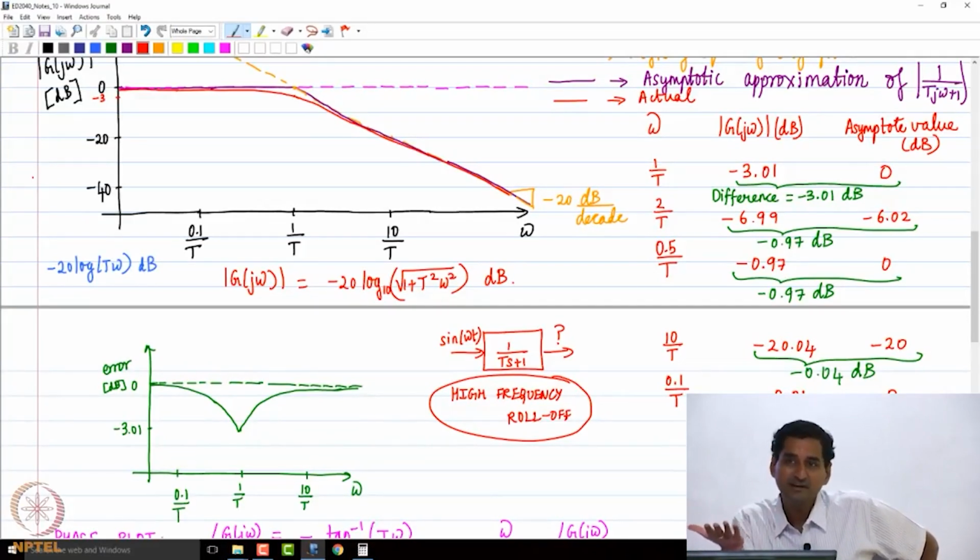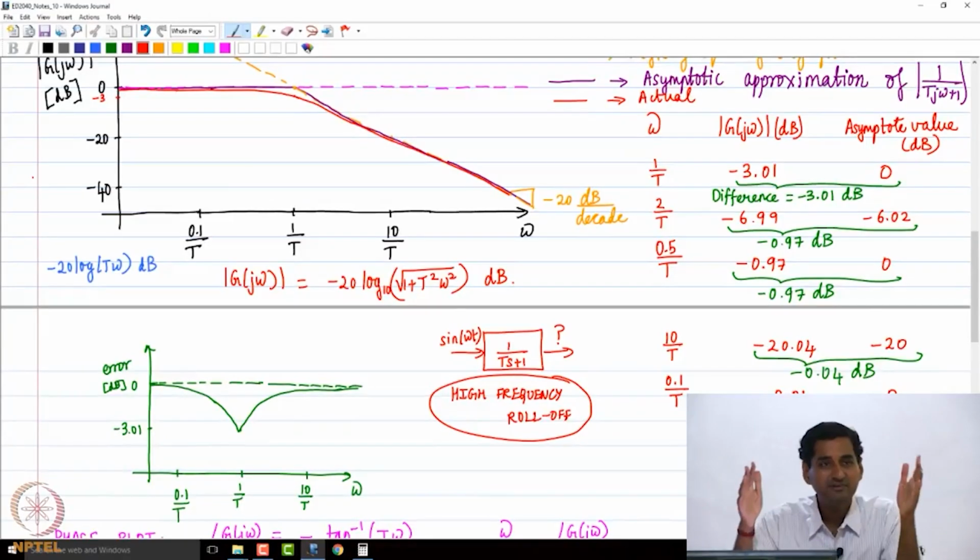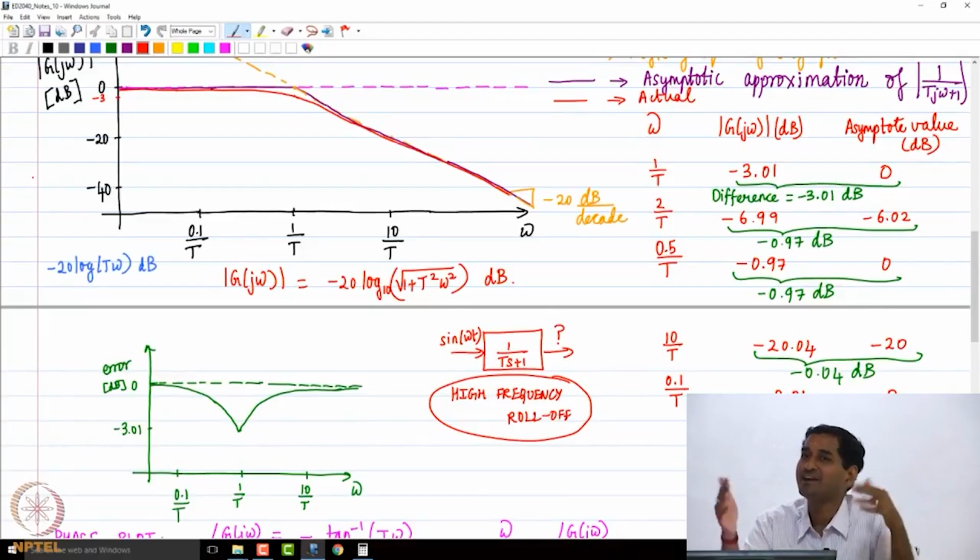Minus 3 decibel. So the transfer function of this form achieves minus 3 decibels at 1 by capital T, which is the corner frequency. In filtering terminology, that's called the cutoff frequency. And the frequency range between 0 and the cutoff frequency is what is called the bandwidth.